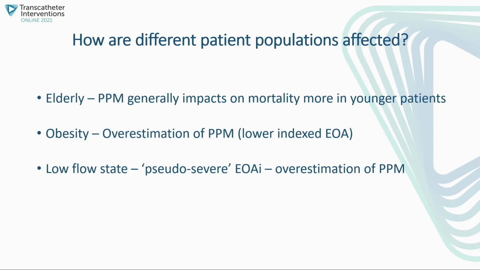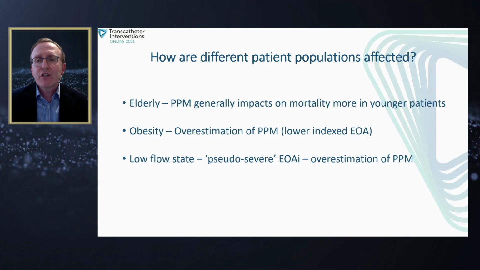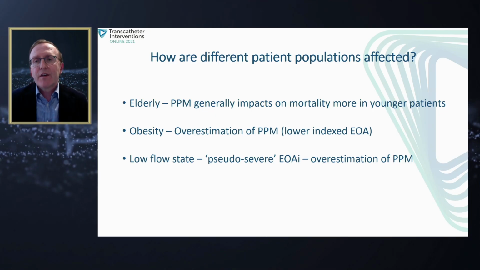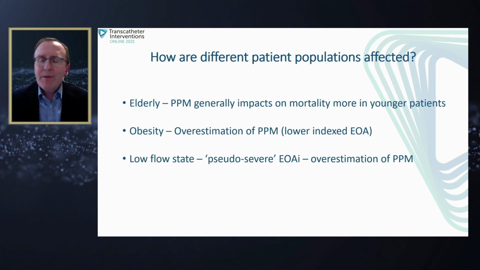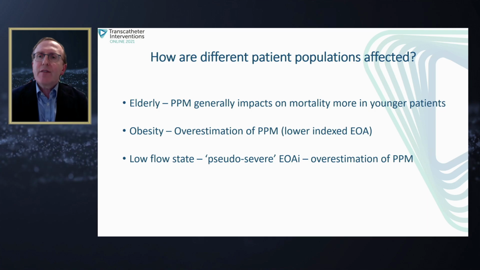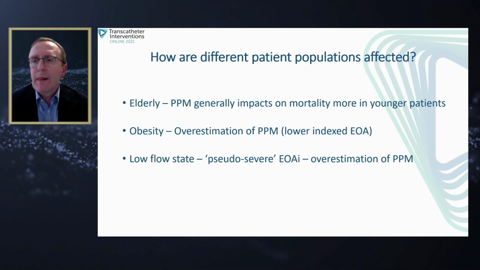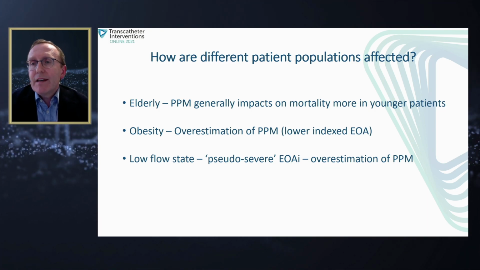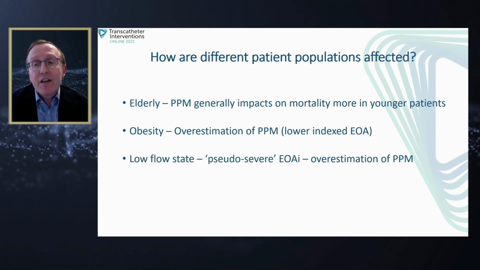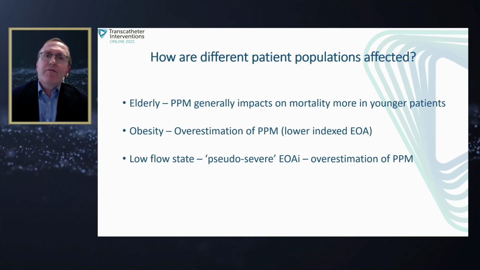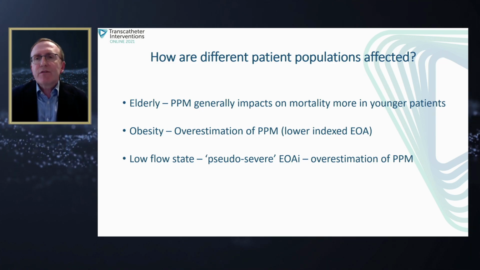I'd like to finish just on talking about different patient populations, and it's worth being aware that in certain patient populations, PPM can be influenced and can be different. For example, in the elderly, it is thought that PPM tends to impact less so than in younger patients. And it was in fact for this reason that the TAVI data was first explained.